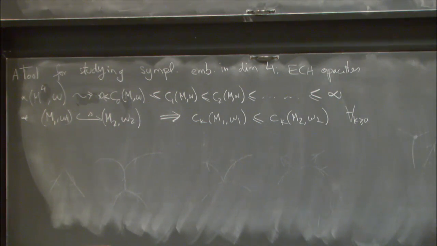So the differential just thinks of Y cross R, and then you have some finite set of Reeb orbits over here and some down here.